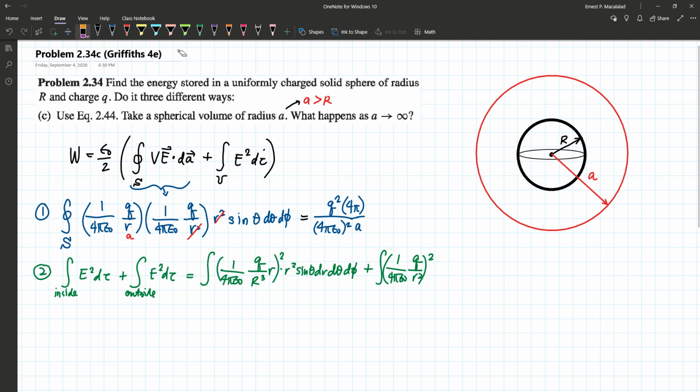Let me erase this. Okay, so this is r squared sine theta dr d theta d phi.